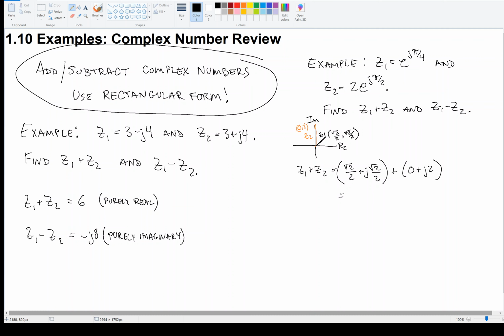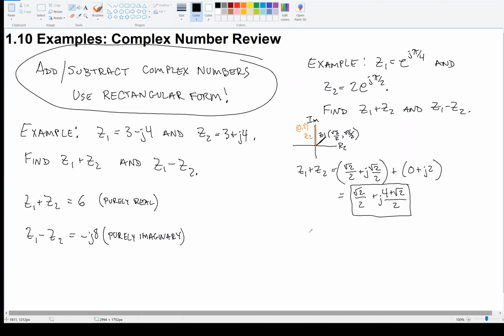So the components add. The square root of 2 over 2 plus 0 is the square root of 2 over 2. j square root of 2 over 2 plus 2. Well, I could get a common denominator if I wanted. The 2 is 4 over 2. So this is (4 plus root 2) over 2 times j. That's the answer.